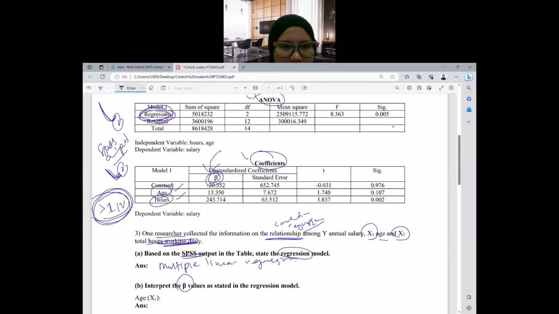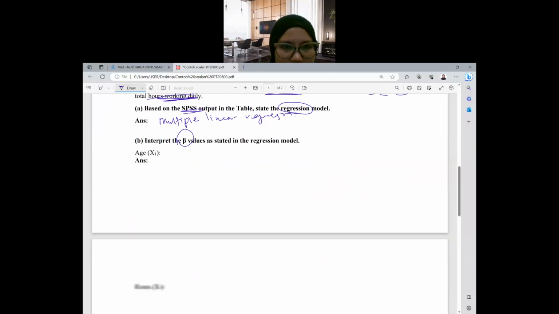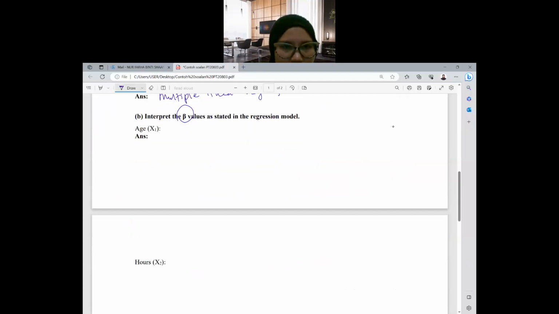How do you answer this kind of question? I have given you the outline. First, you talk about the first IV or predictor, which is age, stated as x1. Second, you talk about hours, the second IV, stated as x2.